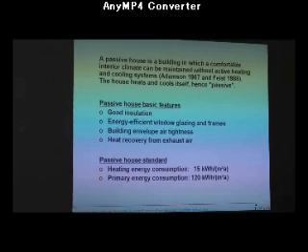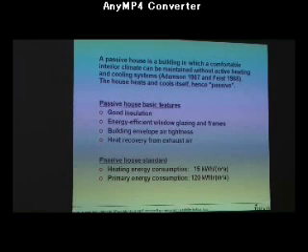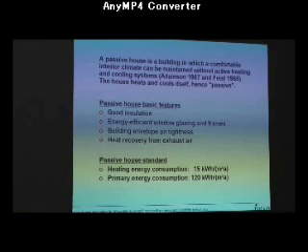Generally there are four basic features for a passive house. The first one is good insulation for the building envelope, which is the most important and effective measure. The second one is energy efficient window glazing and frames.